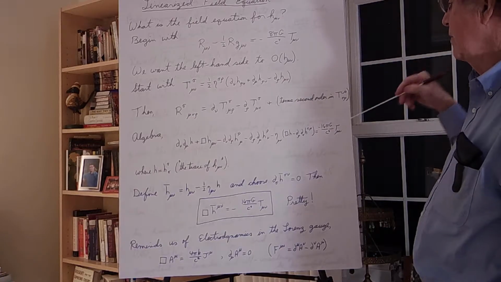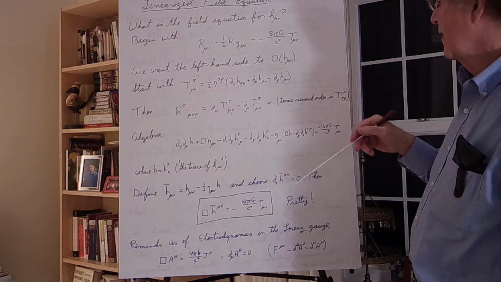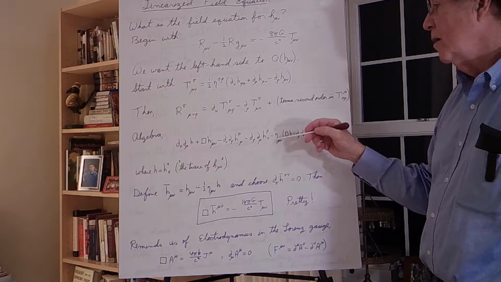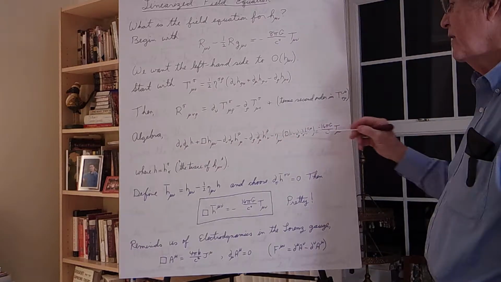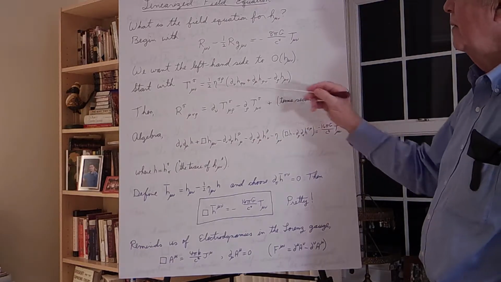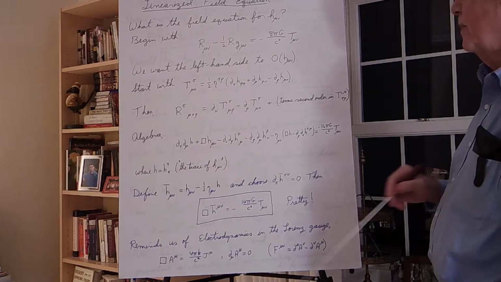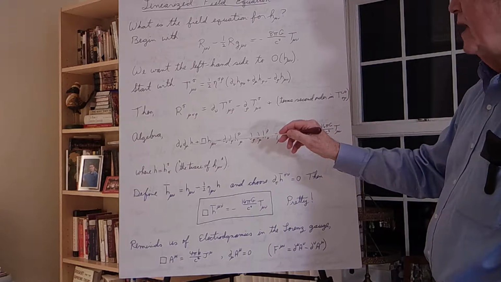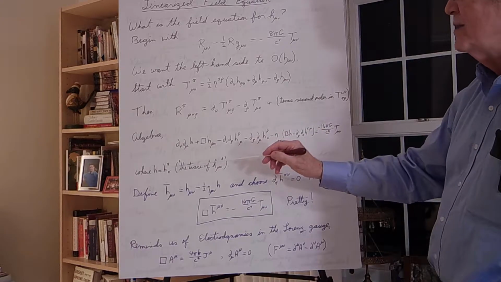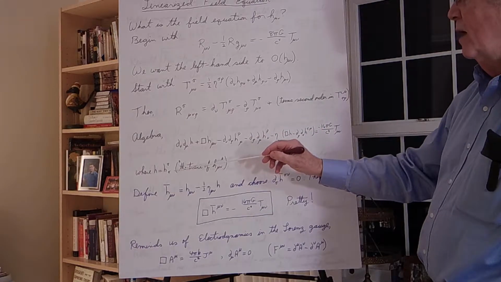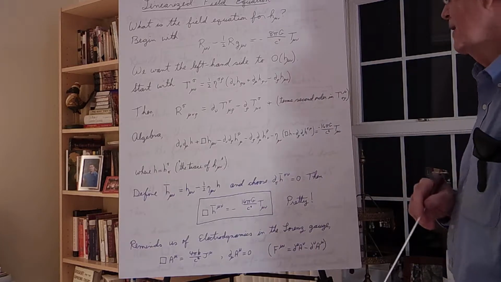I've written it down here with a factor of 2 coming from the left-hand side to the right-hand side. And on the right-hand side, I see various derivatives of h, because it's coming from this term. It's not so bad. Here, when I see h, remember, h without any indices is the trace of h mu nu, and I've written it down like that.